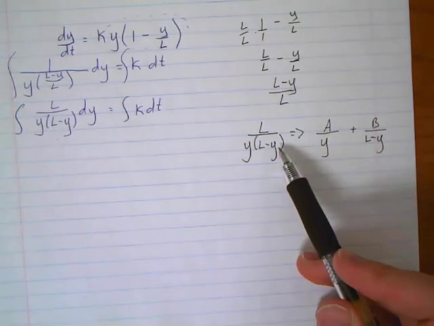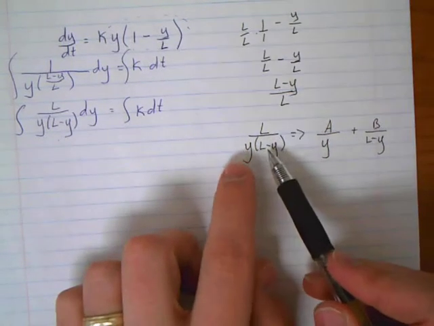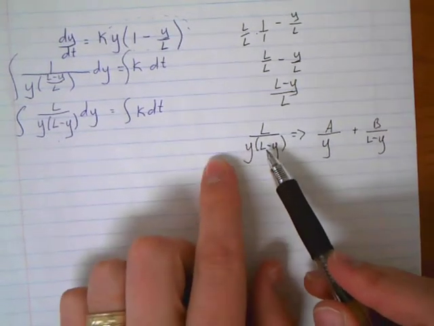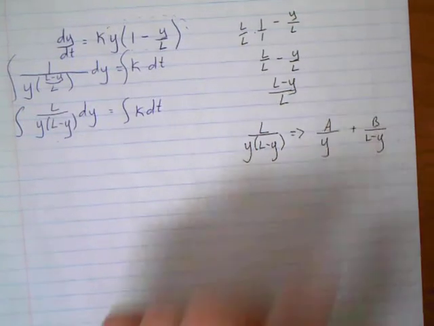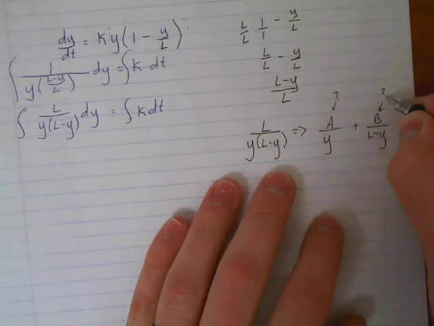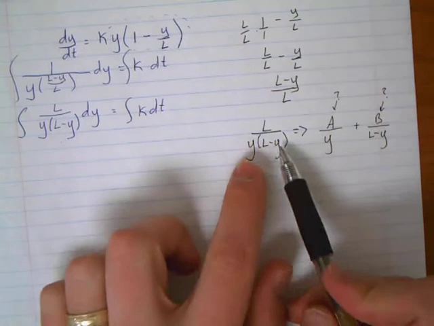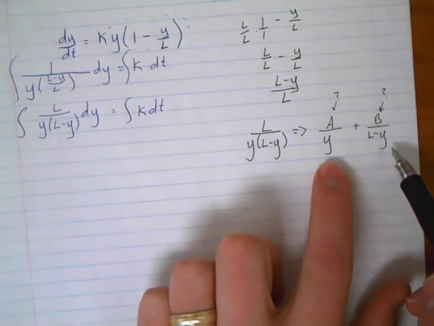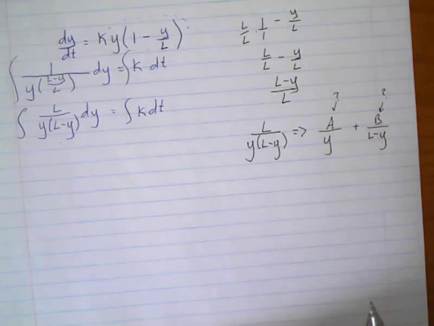So the idea itself is not that revolutionary. We have a fraction with two factors on the bottom, and there are possibly two separate fractions with those two factors as the denominators. What were their numerators? What is A? What would B have to be? If we can separate this fraction into two separate fractions, we can then take the antiderivative of those two separate fractions.